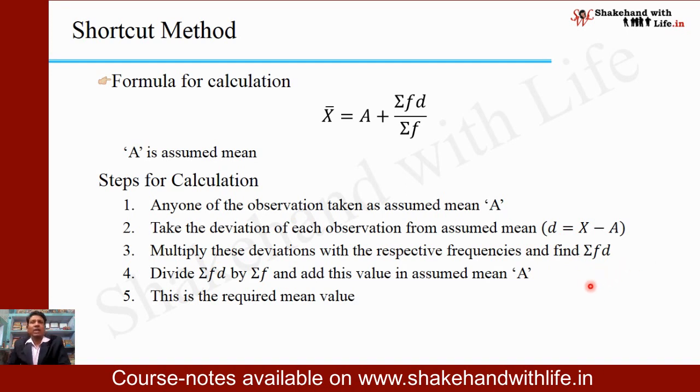Then divide sigma FD by sigma F and add this value to the assumed mean, A. This is the required mean value.